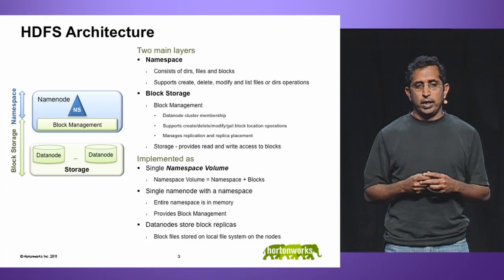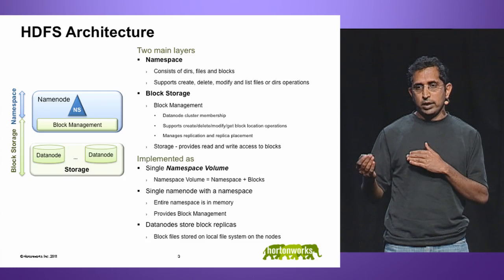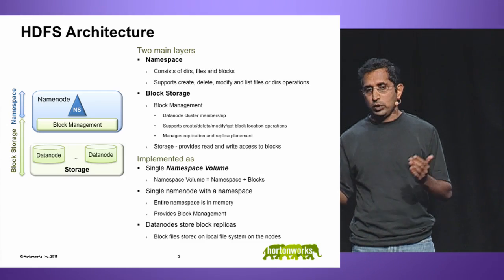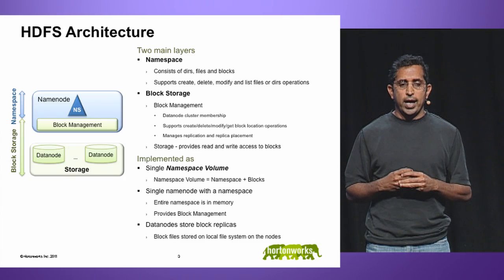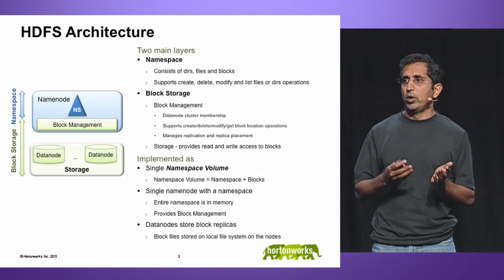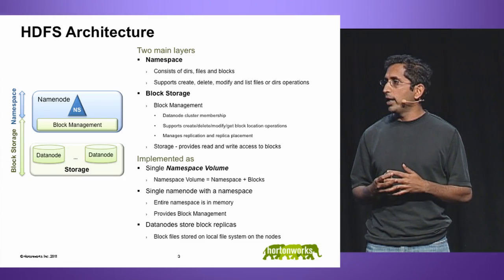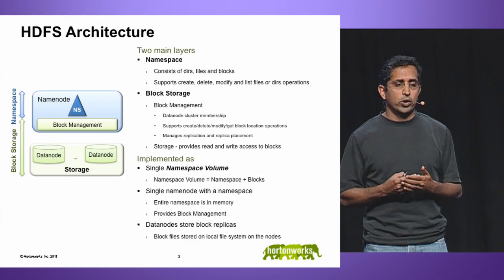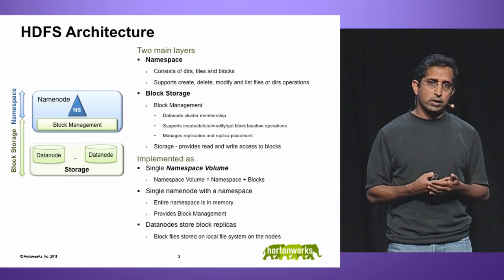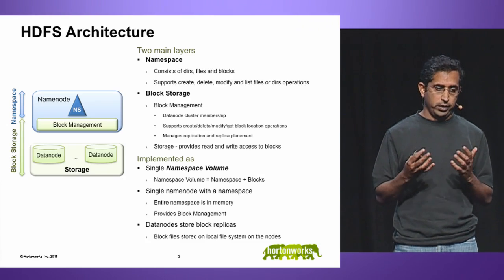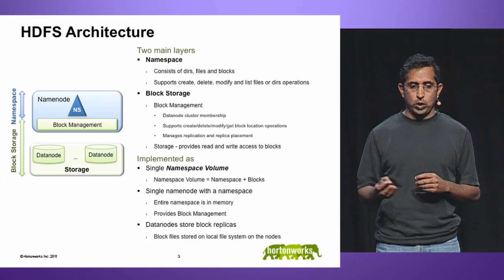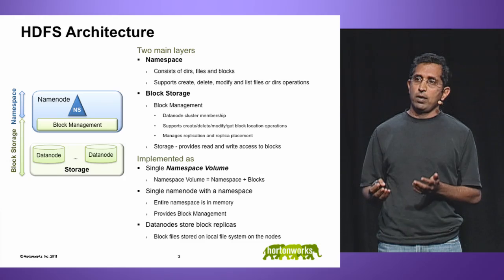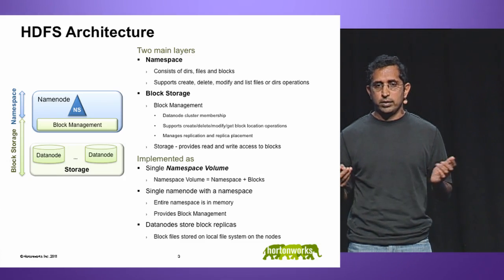So the namespace and the blocks together can be called a namespace volume, and it is implemented using name nodes and data nodes. Today, a name node supports both the namespace and the block management. They are both collocated in the name node. The data nodes are used for storing the block replicas, and the block files are stored on the local file system.